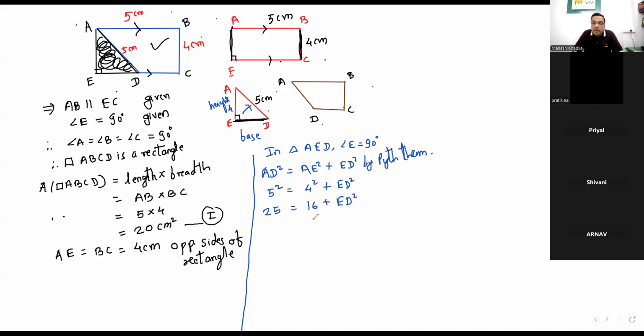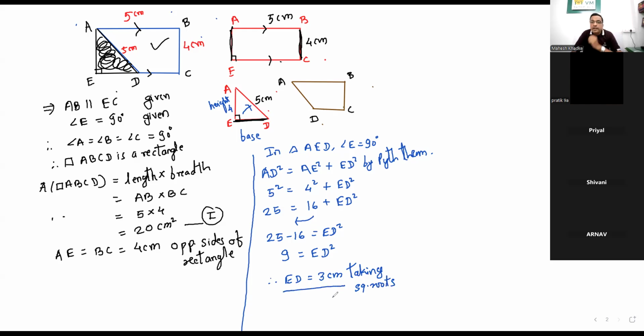ED square. We have to shift this 16 to the other side, तो 16 क्या हो जाएगा, प्लस था हो गया माइनस, that is ED का square. 25 minus 16 becomes 9, ED square, and 9 is the square of 3. ED का भी square है, then we have to take ED is equal to 3 centimeter. Just write taking square roots.